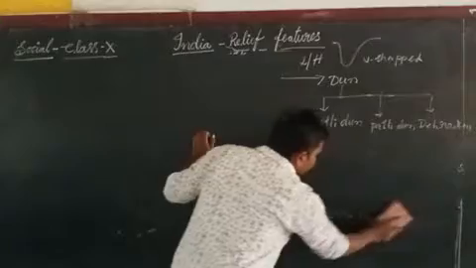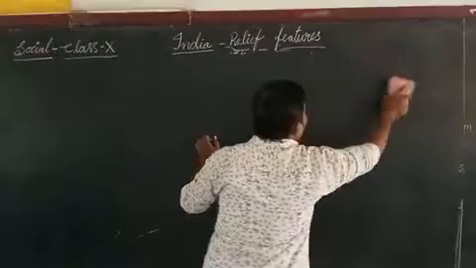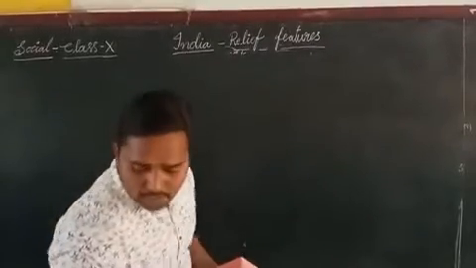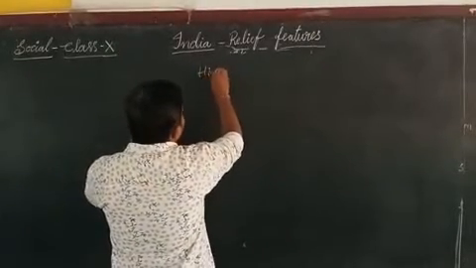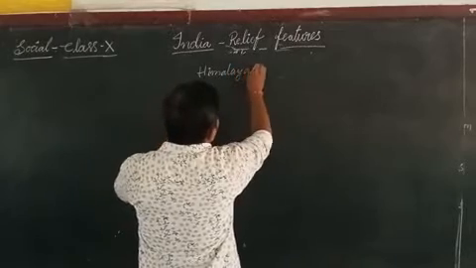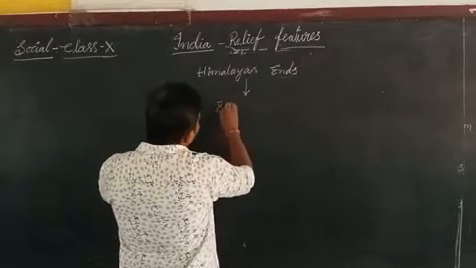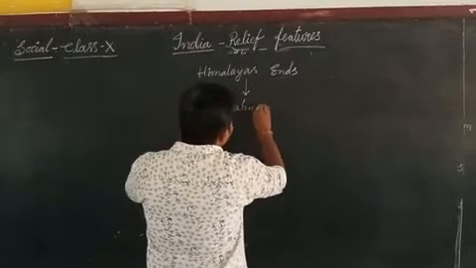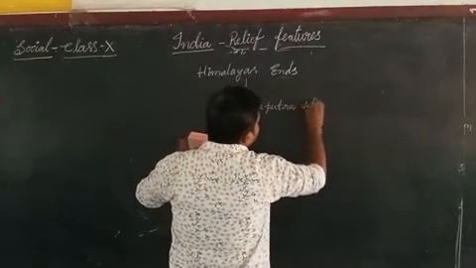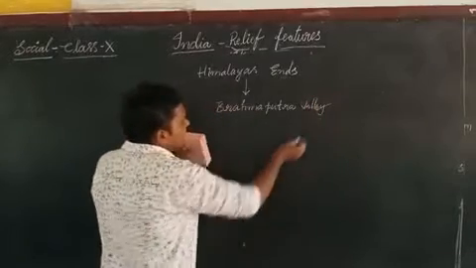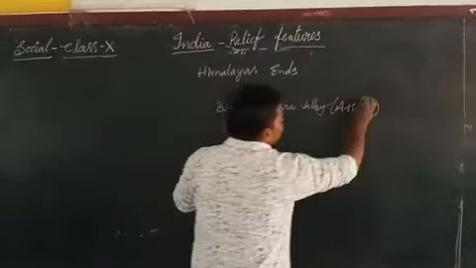Finally, the end point of the Himalayas: the Himalayas end at the Brahmaputra Valley, which is located in the Assam region, at Dihang.